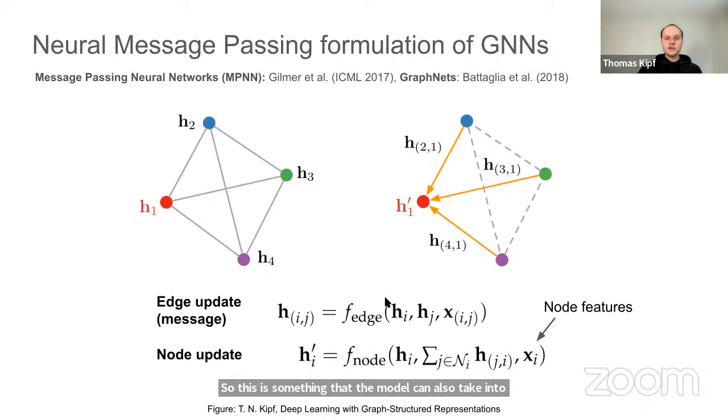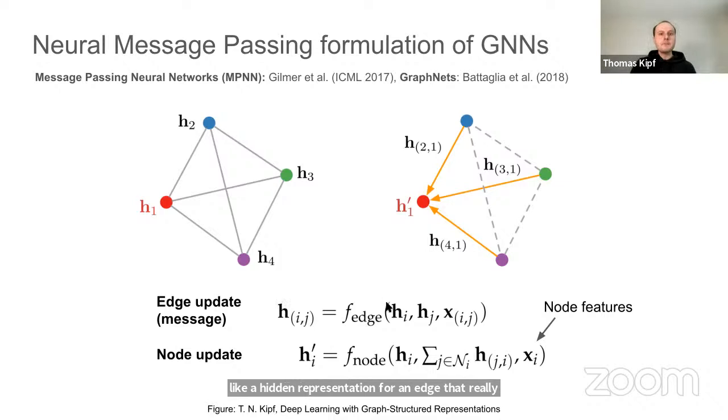And f_edge here is really just a small neural network, like an MLP, that operates on the concatenation of those feature vectors. So you just take all of these feature vectors, you put them in a big vector, and you apply an MLP. And now this gives you a very powerful representation of what this edge looks like. So you really learn a message or an edge update, a hidden representation for an edge that describes the meaning of this edge in the graph.